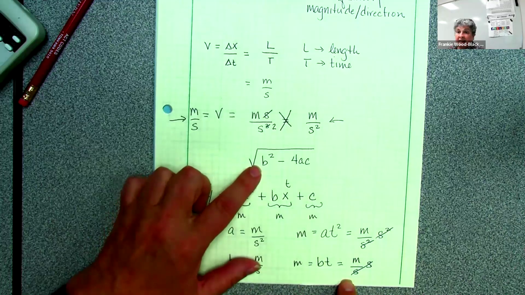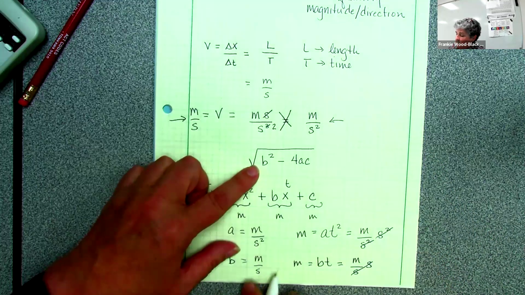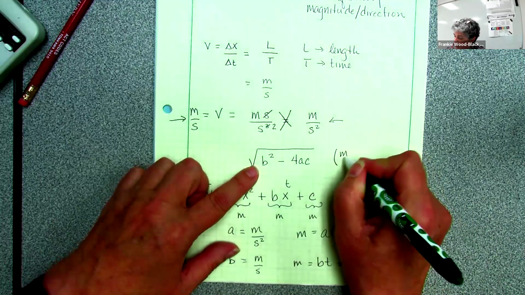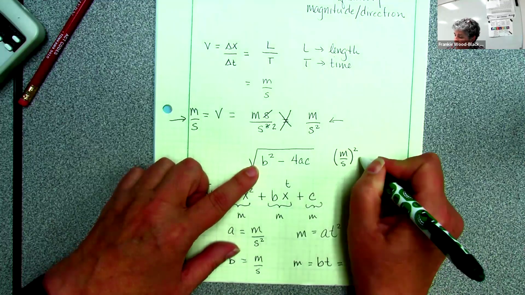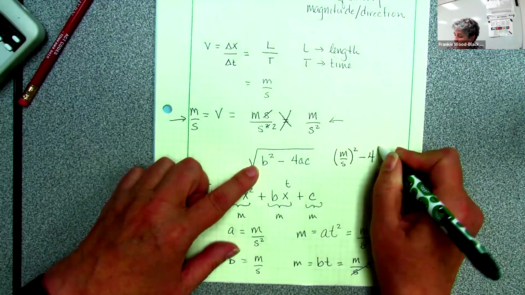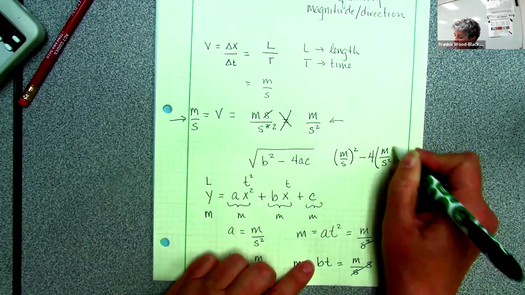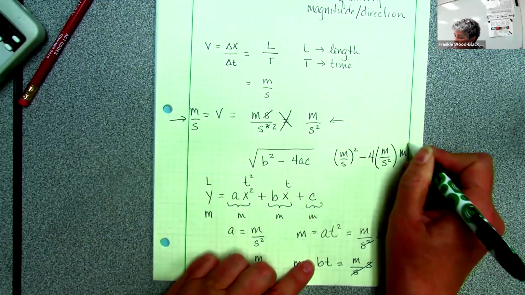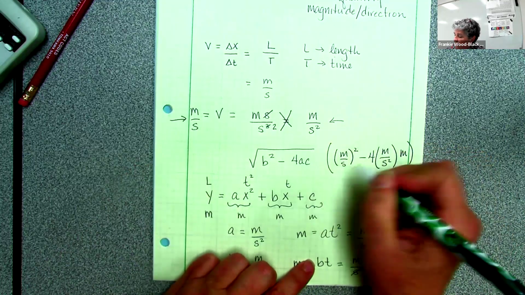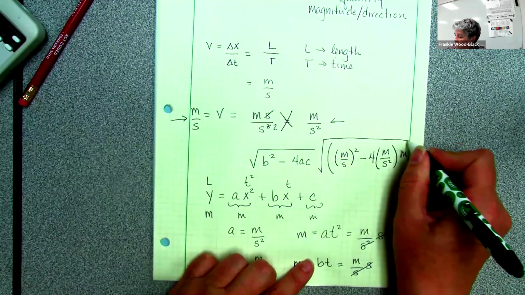So what we did here is, my B has to be in meters per second. So I got meters per second, squared, minus 4. And my A had to be in meters per second squared. And my C is in meters. And all of this was under our radical.